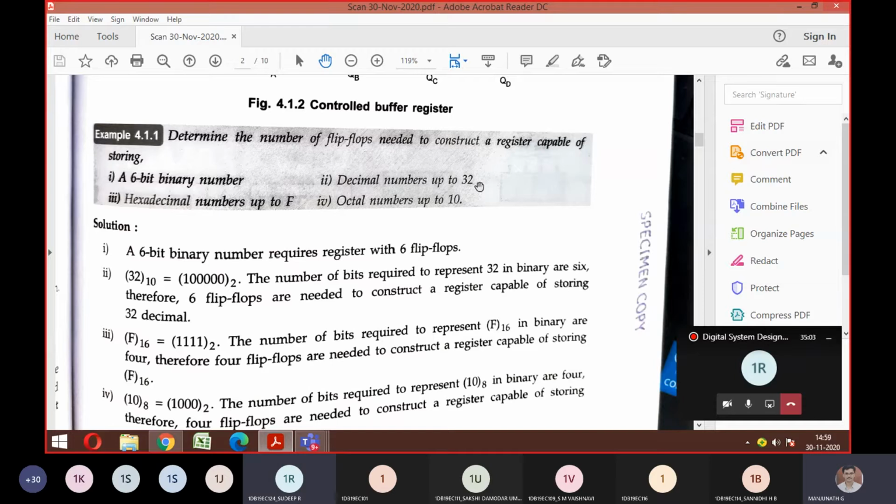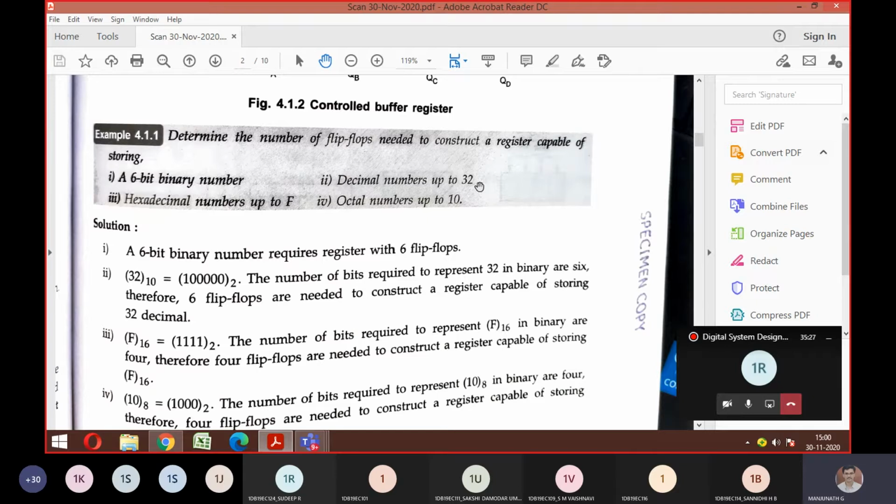Yes, sir. Whenever I say digital logic, it applies to either 0 or 1. So whenever they give any octal, decimal or hexadecimal number, your task is to convert that to its equivalent binary. Whatever answer you get, that many bits, or that many equivalent flip-flops, are required. That is the meaning of this question.